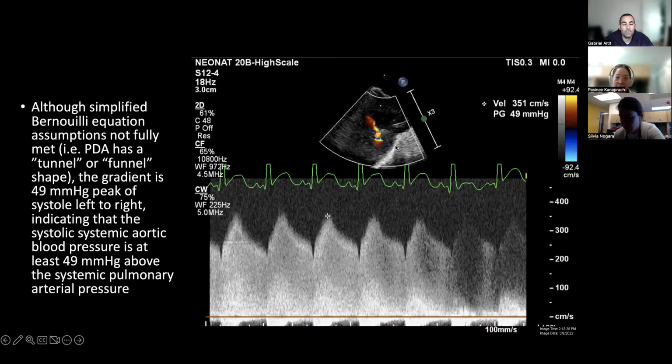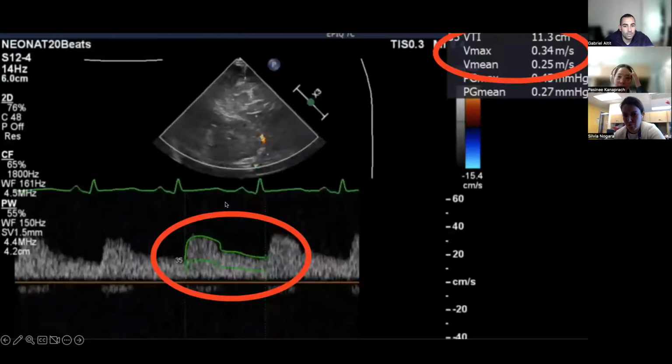So if you have, for example, 70 of systolic blood pressure, probably your systolic pulmonary pressure is around 20-21, which is like the normal value that you would expect, right? From the previous graph that we showed.